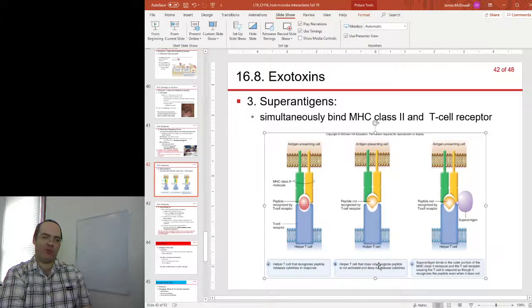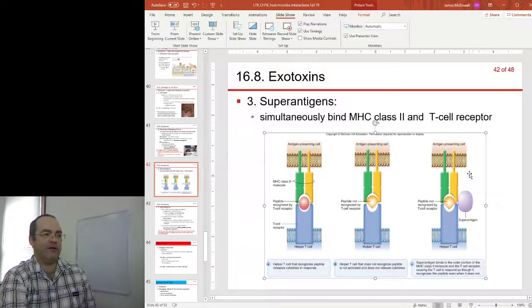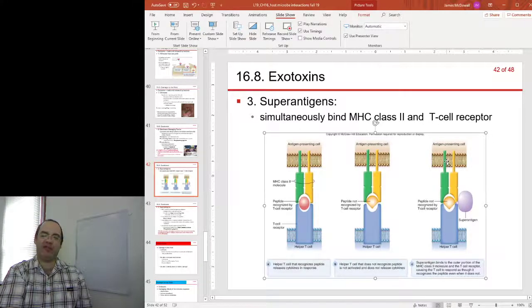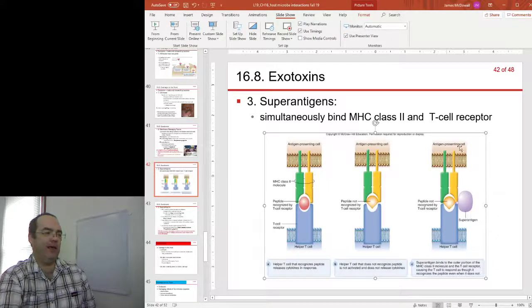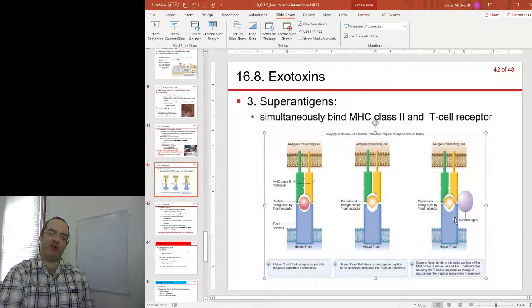initiate an immune response. However, in the presence of a super antigen, anything presented by an antigen presenting cell will be seen as dangerous. This molecule that was previously not a problem for the T cell is now a cause for the T cell to activate and trigger an immune response.